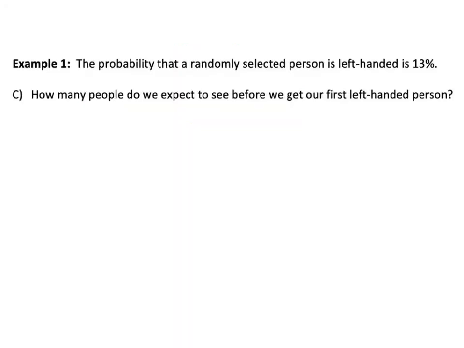And we're asked, how many people do we expect to see before we get our first left-handed person? So when I see this "expect to see," that's telling me I'm looking for an expected value, and an expected value is the mean. So I'm going to use my formula.